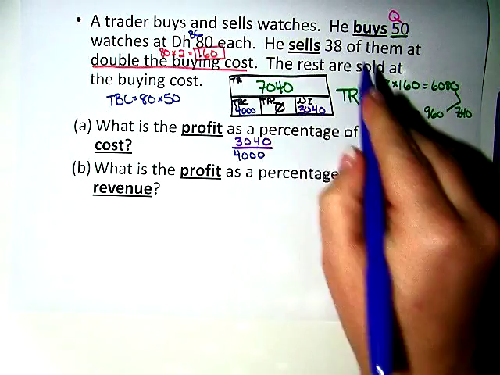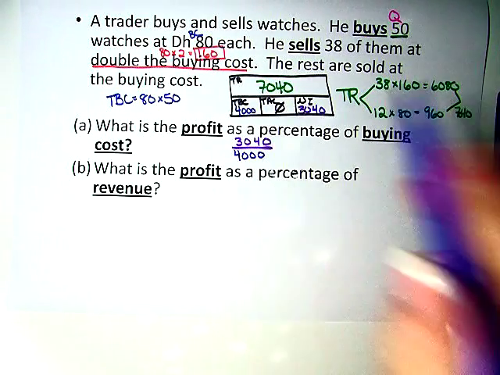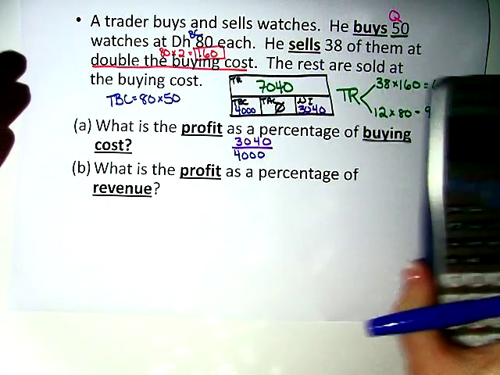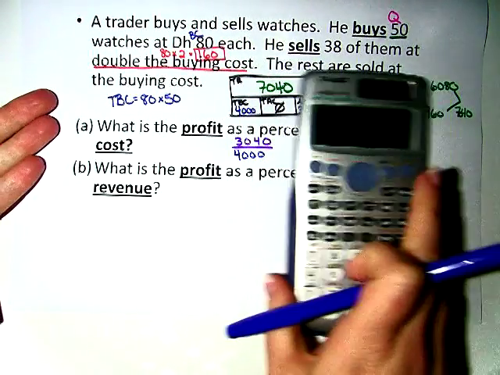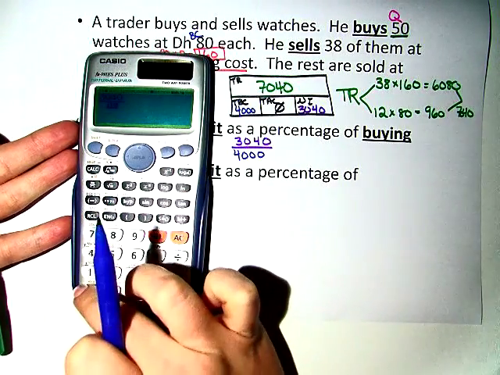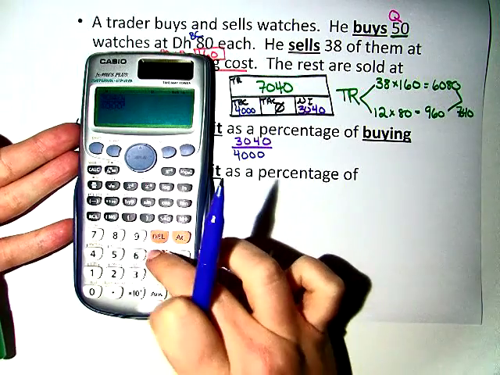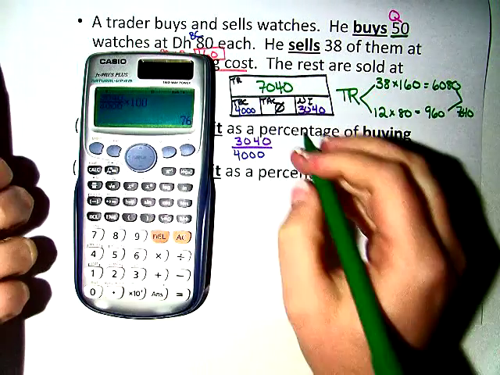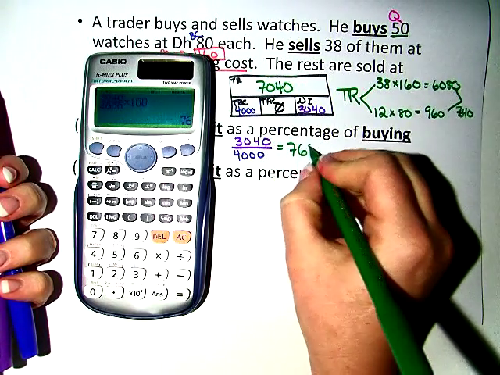But when we're dealing with the total sum and the total graph, we need to stay working in only the total. We don't need to switch between units and groups. So we'll take our fraction, 3,040 over 4,000. We need to multiply by 100 because it's a percentage, and we get that it is 76%.